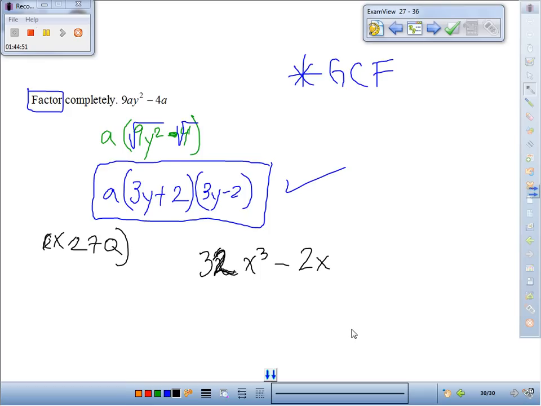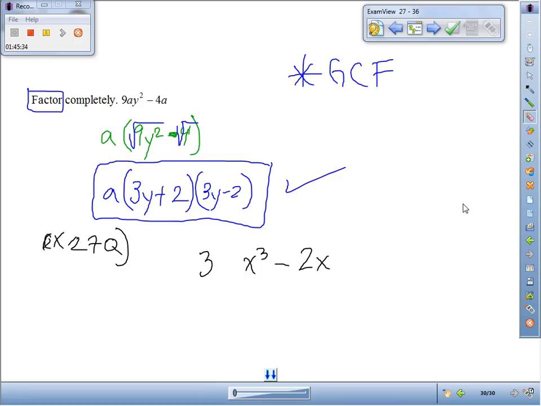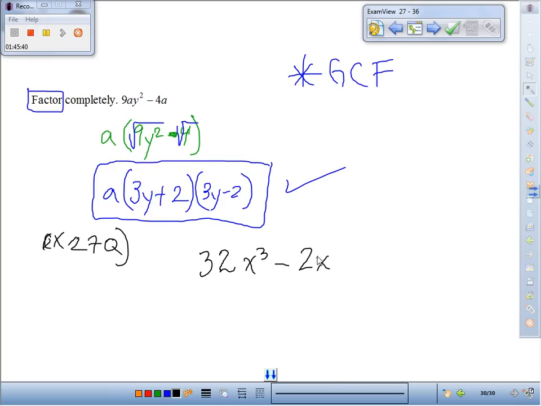You should be done by now. Okay, let's see. Factor completely, that means we're checking for GCF. What's the GCF? 2x. What do we have left? 16x squared minus 1.